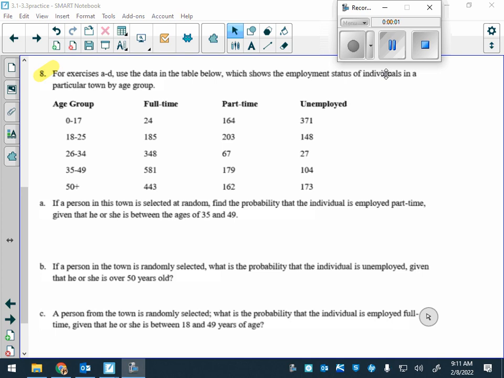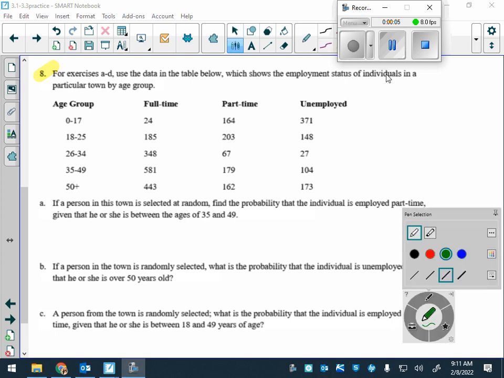Anytime you are working with a two-way table, you want to make sure your totals are completed, okay? The reason is you never know when you're going to need them, okay? So for full-time, what is the total of full-time? How many people were surveyed that checked full-time? Catherine?